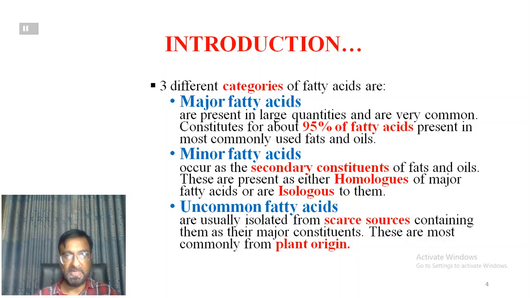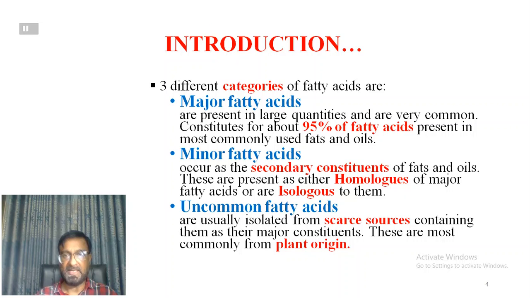There are three major categories of fatty acid: major fatty acids, minor fatty acids, and uncommon fatty acids. Major fatty acids are present in large quantities and constitute about 95% of the fatty acids present in most commonly used fats and oil. Minor fatty acids occur as secondary constituents of fats and oil.